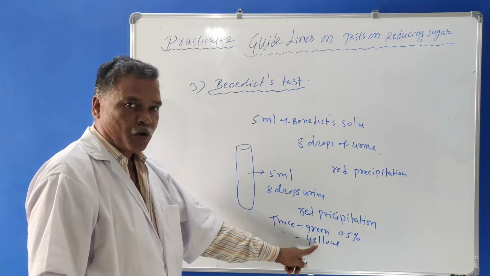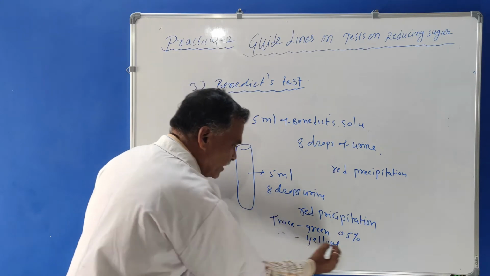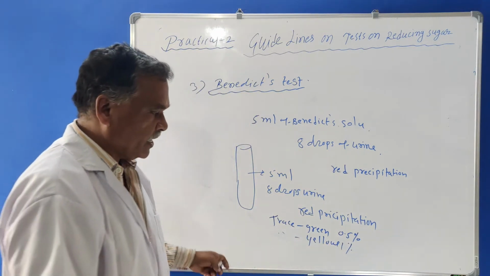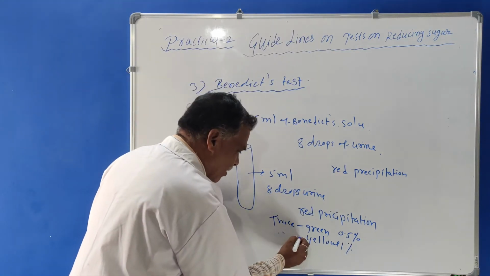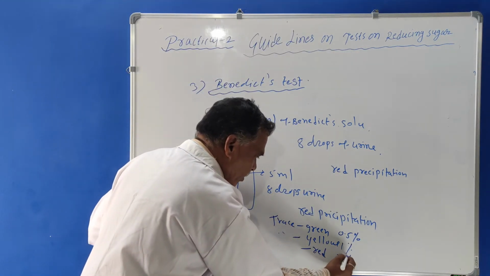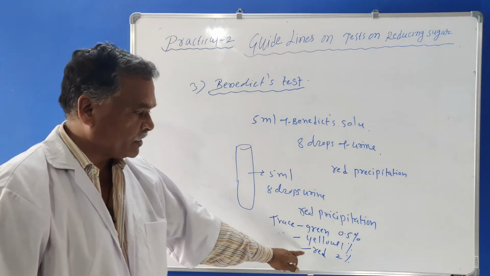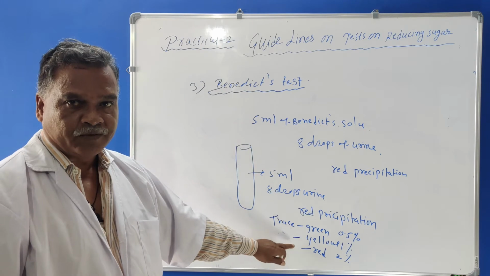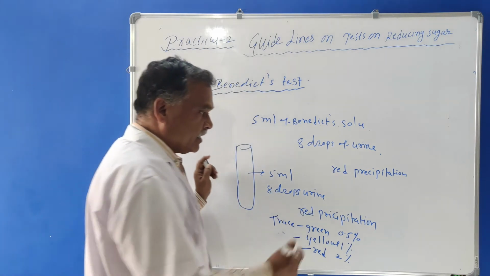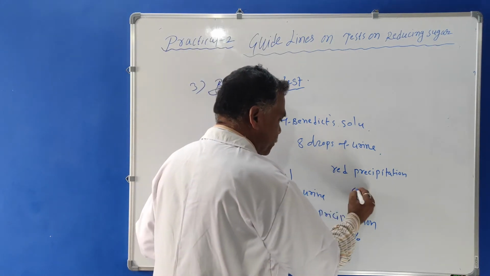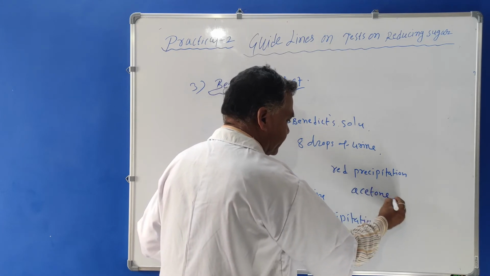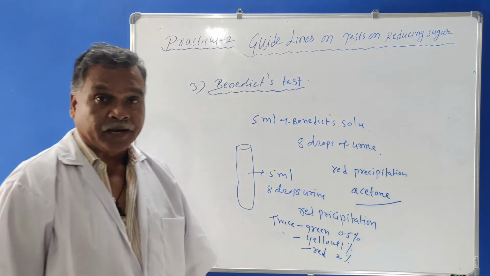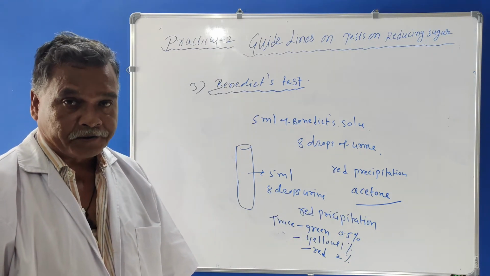0.5% of the glucose is present. If the color is yellow, then 1% of glucose is present in the urine. If it is red in color, it is said that 2% of the glucose is present in the urine. If more than 2% of glucose is there, then acetone will be present in the urine. Acetone is a ketone body that appears in the urine of a diabetic person.